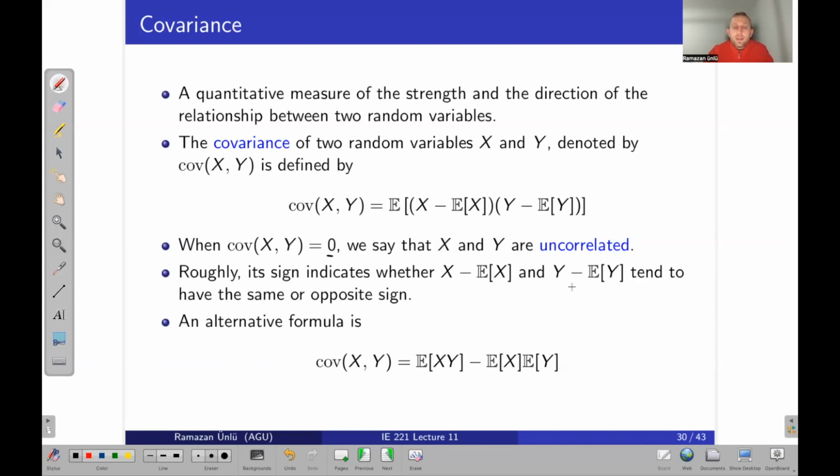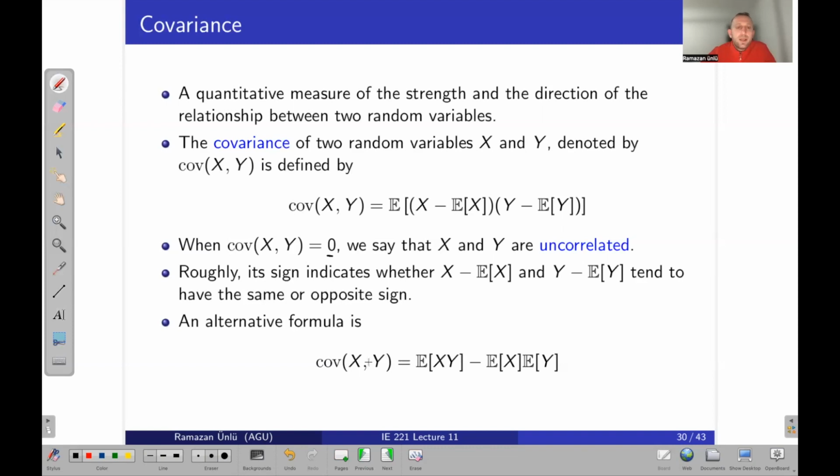The covariance doesn't show you how strongly they are related. That is the important point, and that's why please focus on the sign of the covariance. The sign of the covariance will show you the direction of the change between two variables. Or in other words, we can say that the covariance shows how two variables behave together.